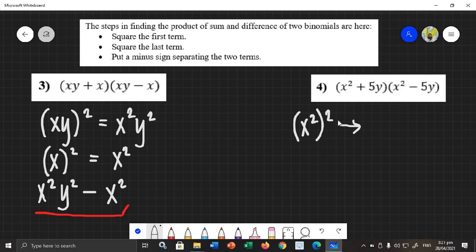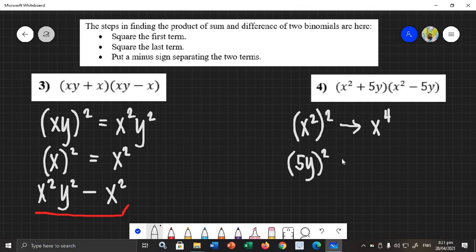Again, applying the power rule in the laws of exponents, we multiply these two exponents here. So x raised to 2 times 2, which is 4. That is now your first product. The next step is to square the last term. The last term is 5y, and we need to square it.